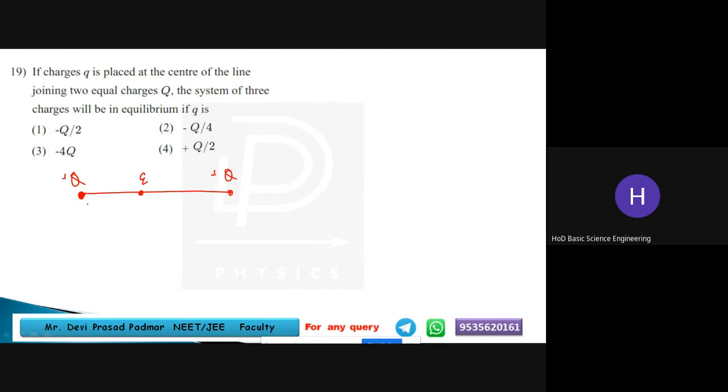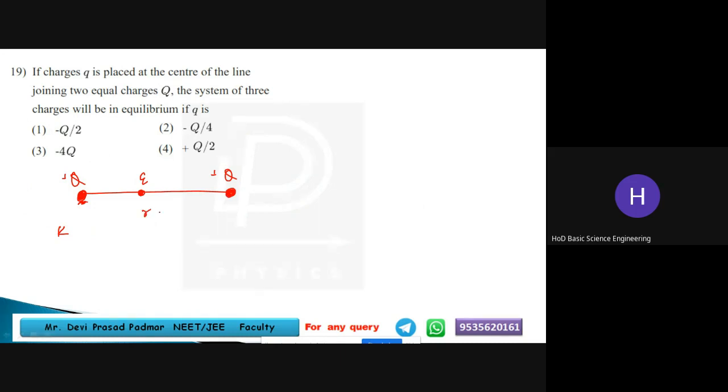Now if you consider this particular charge, this charge will apply force on this. Similarly, this charge will also apply force on this. First, force on this particular charge by this one.